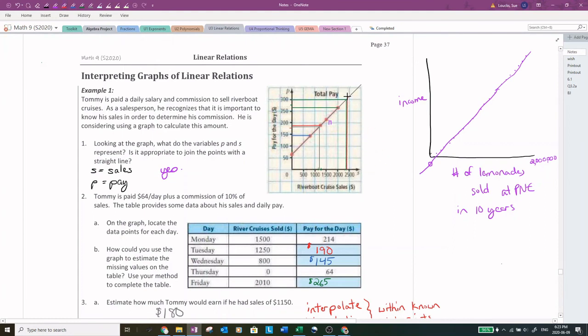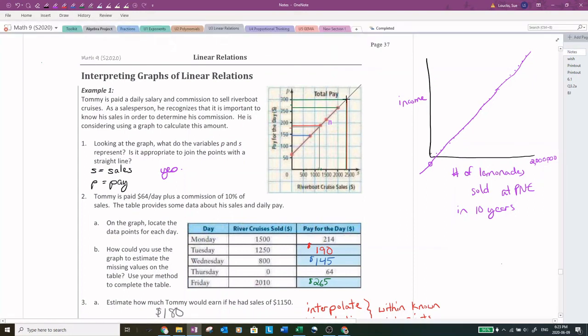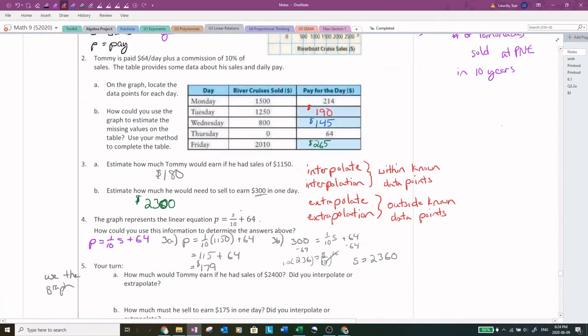And go up to the graph, and then go across. And it's so little. I'm going to say 305. So close. I'm going to say $305.